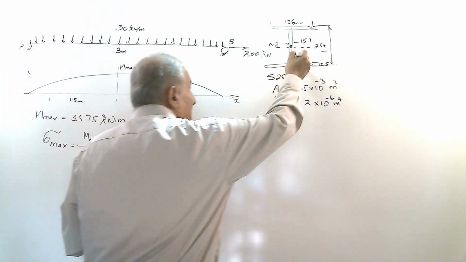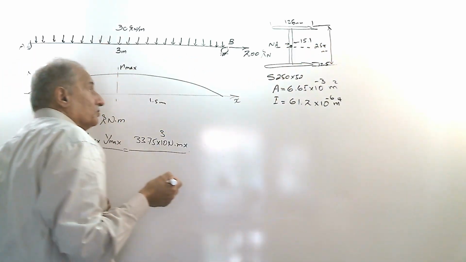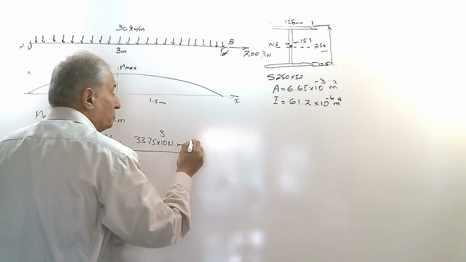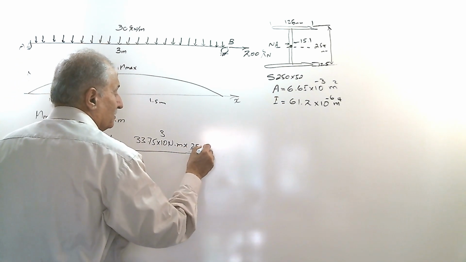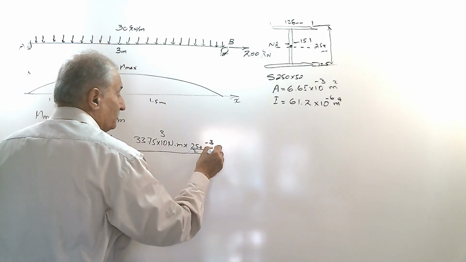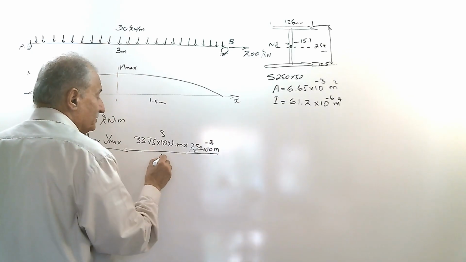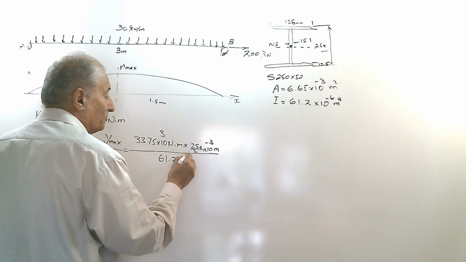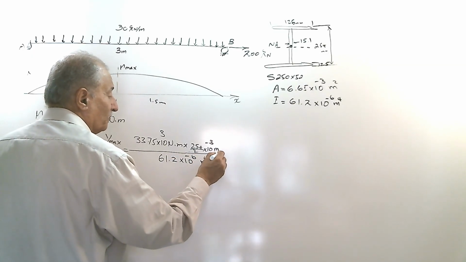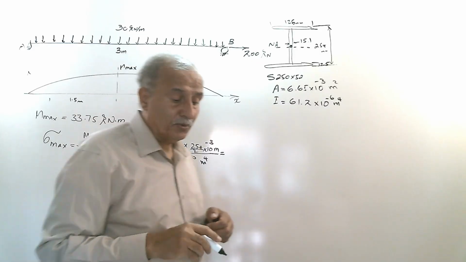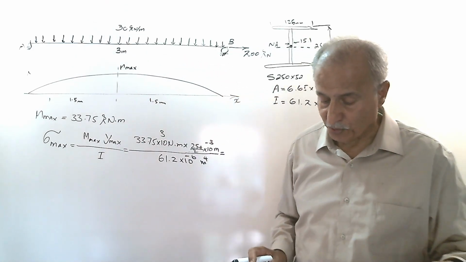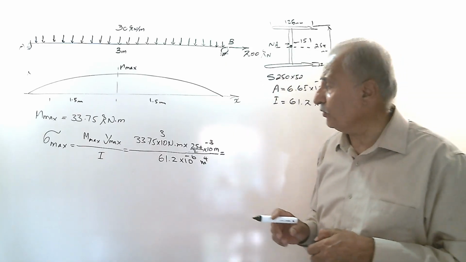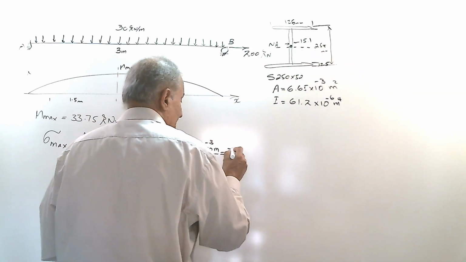Y max is this now, 254 divided by 2 times 10 to the power minus 3 meter. And I is 61.2 times 10 to the power minus 6 meter to the power 4. And you reach the value which is equal to 70.037.